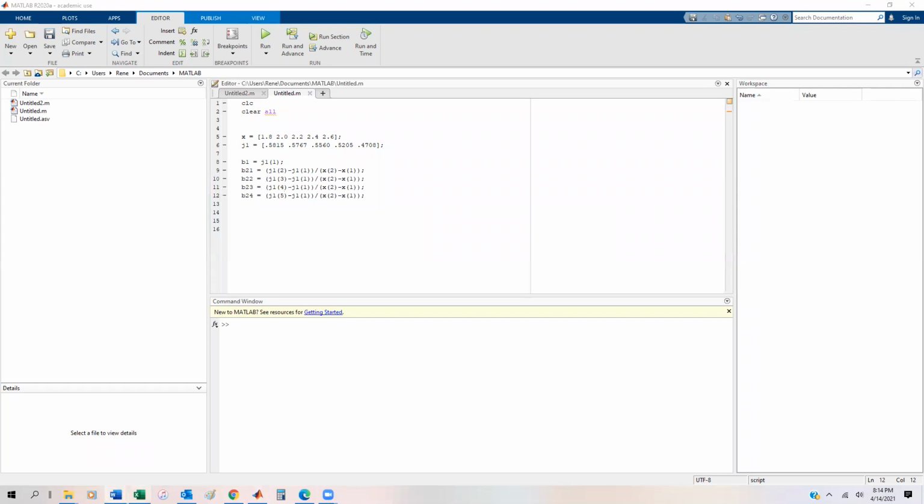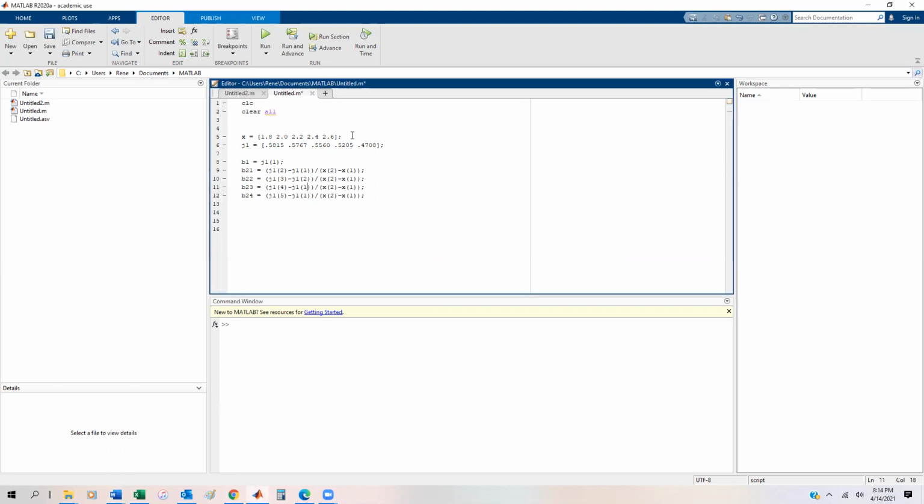I'm just going right up the line, just changing it nice and easy. And then I'm just going to change these to 2, 3, 4. So these are the successive secants. And I'm going to change this to 3, 4, 5. And change this to 2, 3, 4. All right, so these are all the first order finite differences.